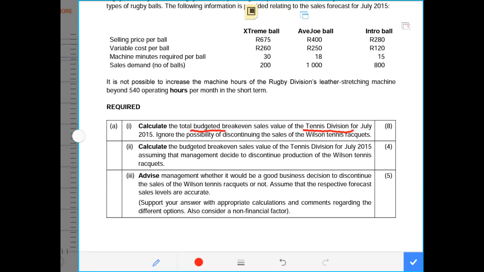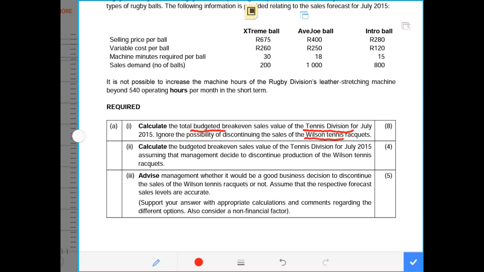So there's an opportunity that this company can discontinue the sale of this product. But in the calculation of the budgeted break-even point under Roman figure 1, we need to ignore that possibility.